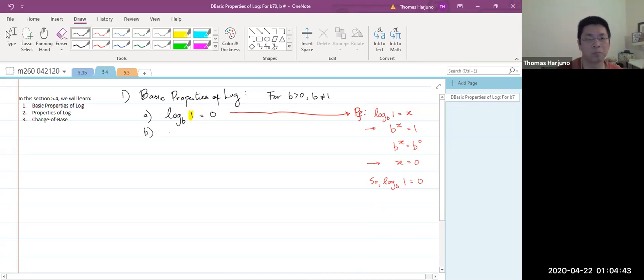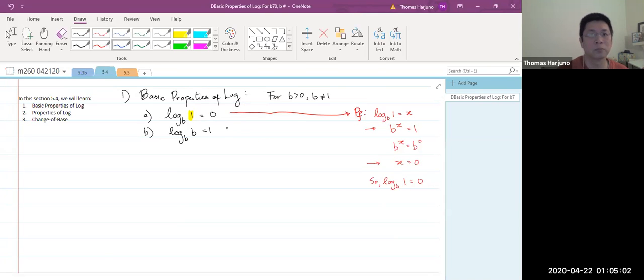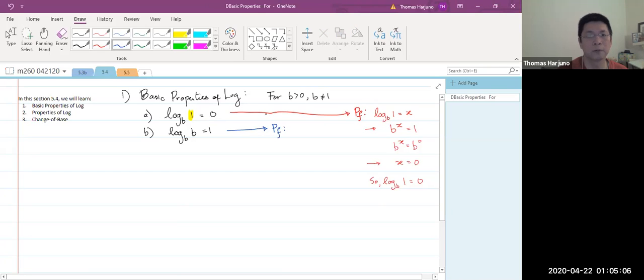Part B, log base b of b is equal to 1. The proof, using a similar technique, let's call log base b of b equal to x first.